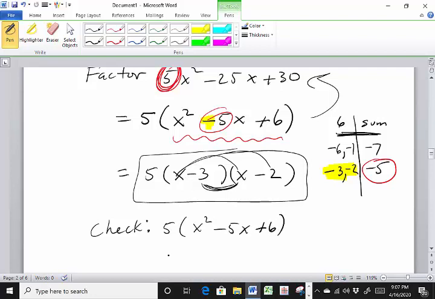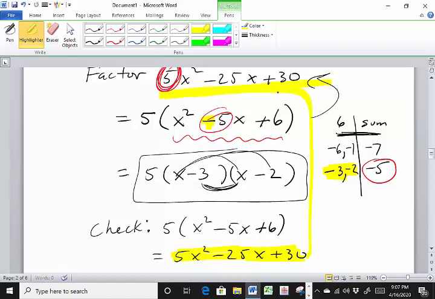Now let's multiply this out, and that's going to be 5x squared minus 25x plus 30. And guess what? This is the same as this right here. So we know that we factored this correctly. All right. Let's try one more.